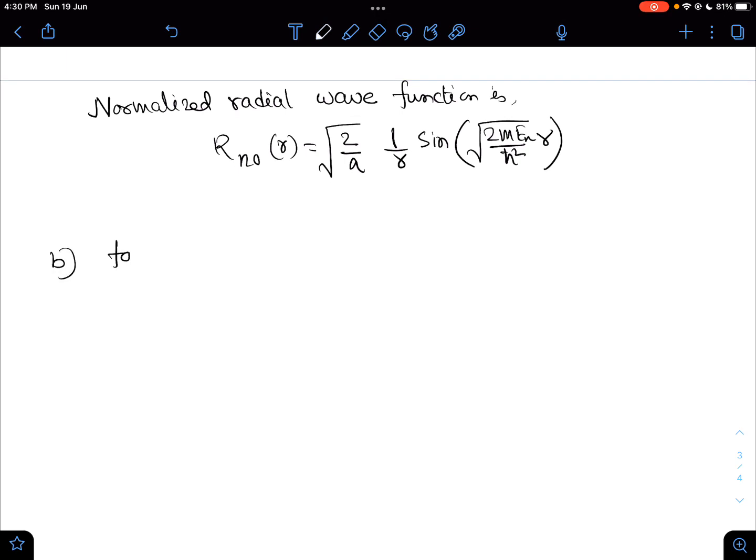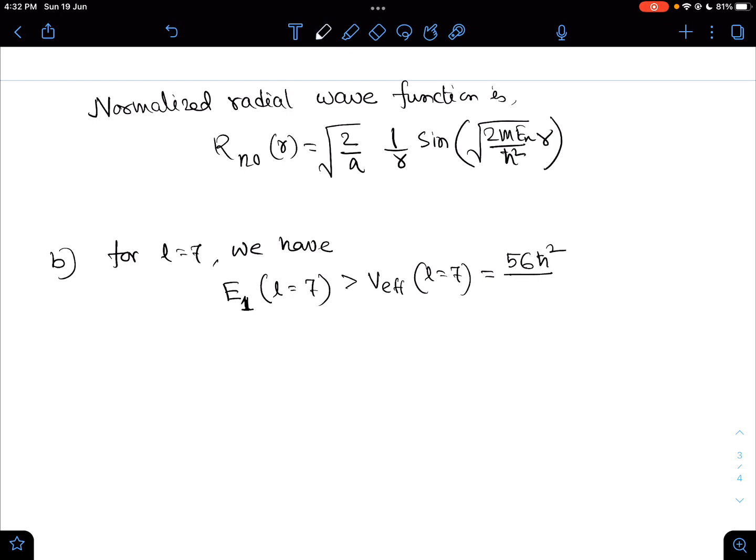For L equal to 7, we have the energy E1 for L equal to 7, and we know that it is greater than or equal to V effective for L equal to 7, which is equal to 56 h cut squared by 2m a squared. So it will give us a value of 28 h cut squared by m a squared.